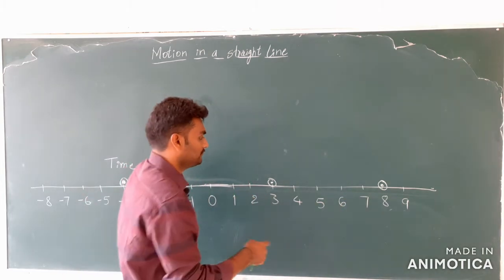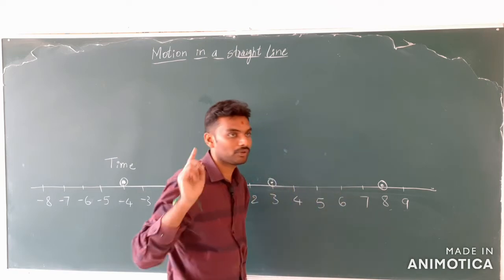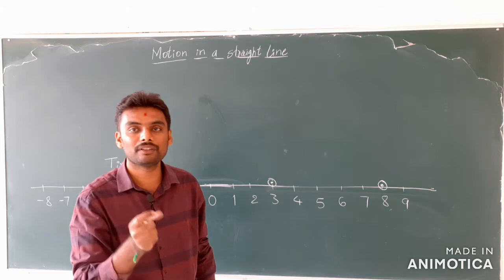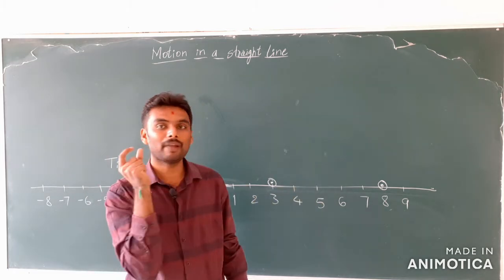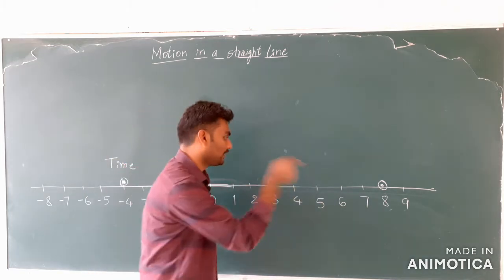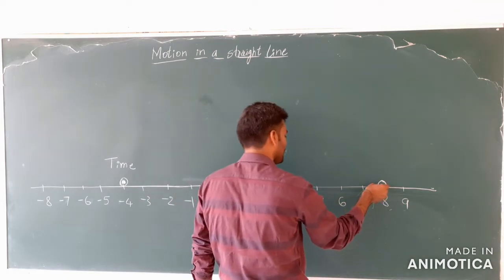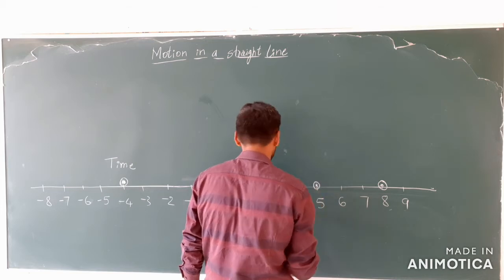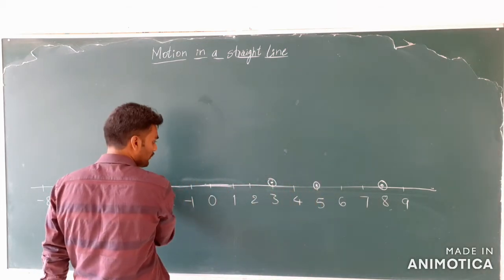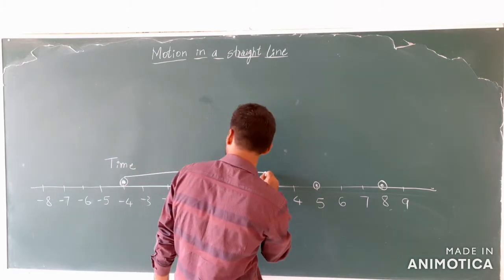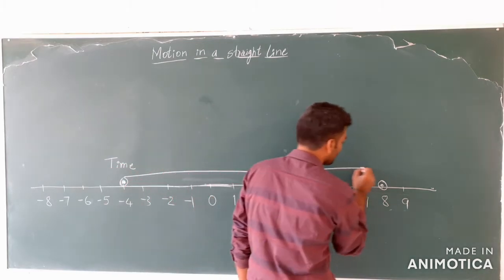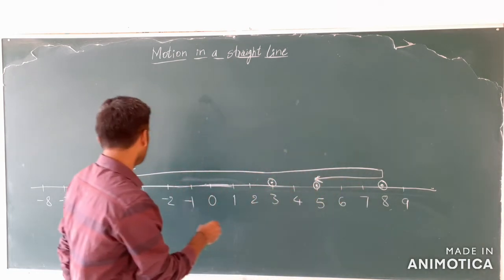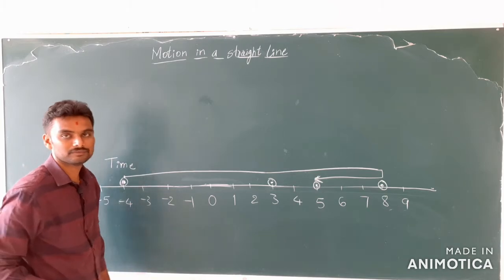And from 8, don't know what happens. I have told you, even though it is motion in a straight line, the body will have the freedom to move forward and backward. So from the point 8, it starts again to move, but in the opposite direction, and comes back to 5. So this is the complete motion of the body. Starts from -4, goes to 3, then to 8, and back to 5. And now the body is at 5.